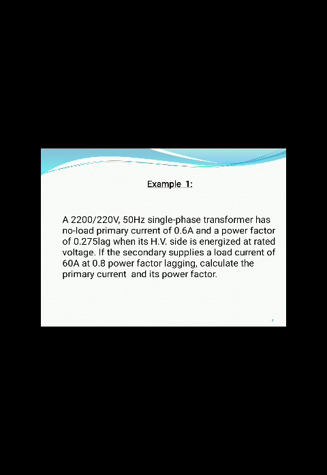In this example problem, the transformation ratio, that means turns ratio, is V2 by V1, where V1 is the supply voltage at the HV side.